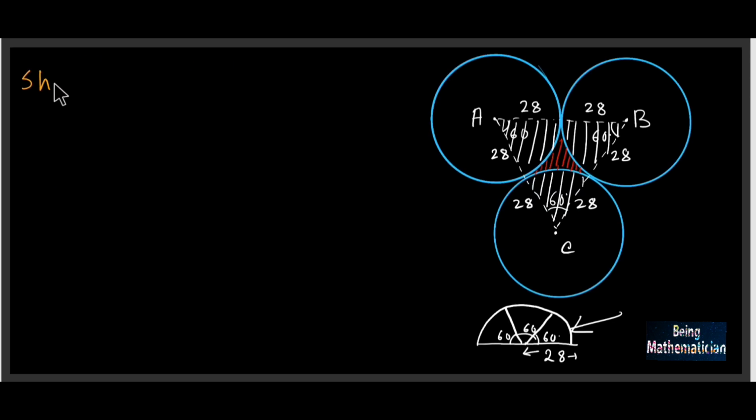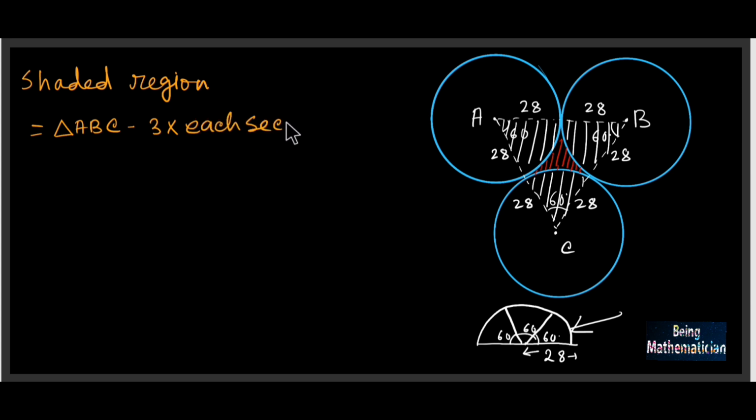Therefore, shaded region is equal to triangle ABC minus 3 into each sector, and 3 into each sector means the semicircle of radius 28.